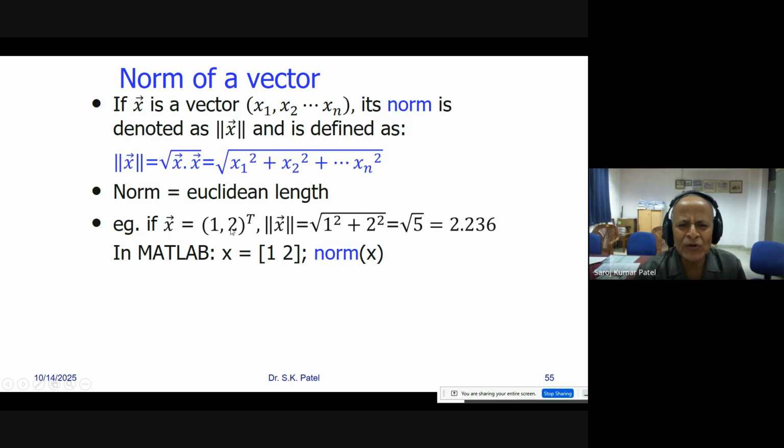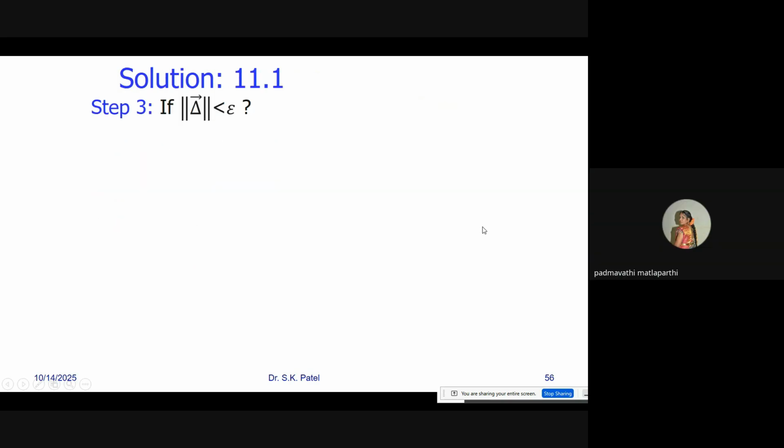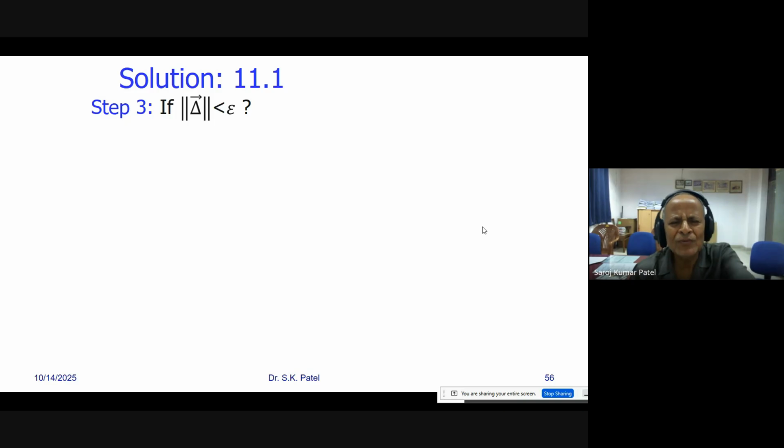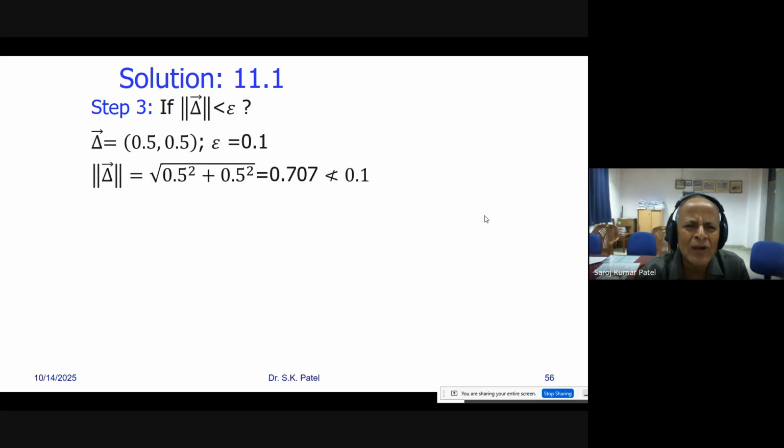So if the vector is (1, 2), the norm of the vector (1, 2) will be what? 1 square plus 2 square, the square root will be the square root of 5, 2.236. Okay. So if the norm of that step vector is less than the desired accuracy, we will stop. So let us find out. Our step vector is (0.5, 0.5), and its norm will be the square root of 0.5 square plus 0.5 square.